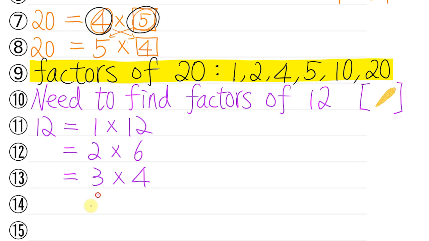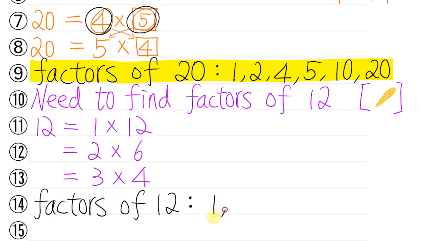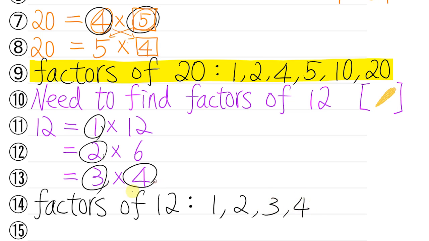The next number we will try is 4, but 4 has already appeared here. So we know we can stop here. Therefore, factors of 12 are the numbers 1, 2, 3, 4, 6, and 12.